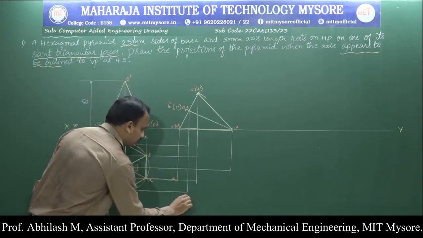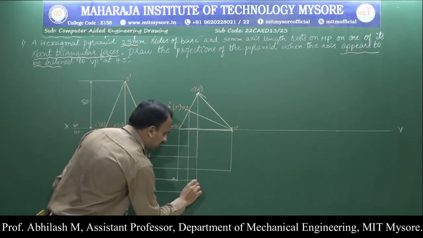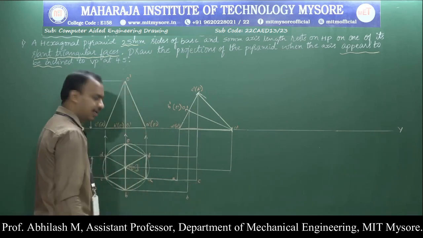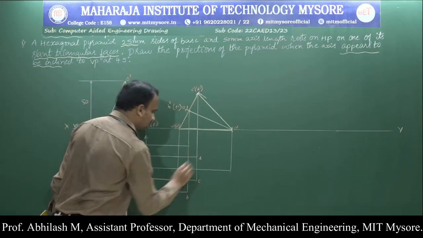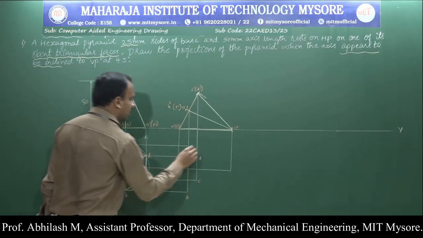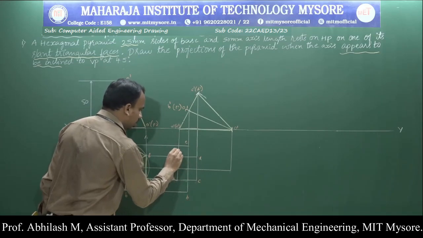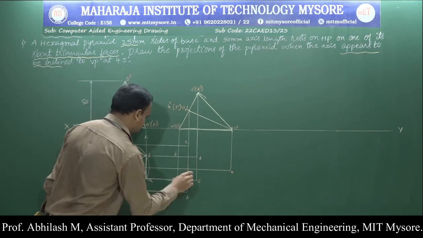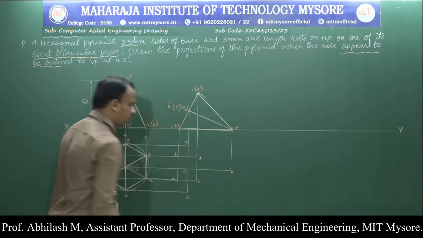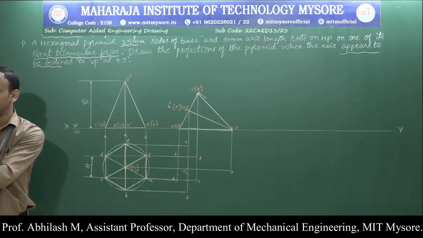It becomes my point B. C is here, so this point becomes C. From D, corresponding D dash, and from E, corresponding E and F. Similarly, I have O and O1.